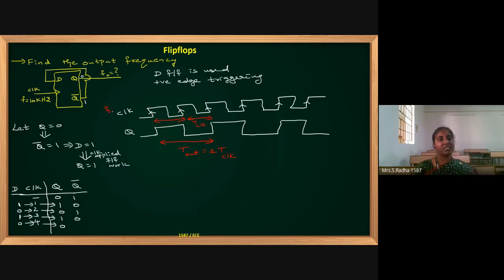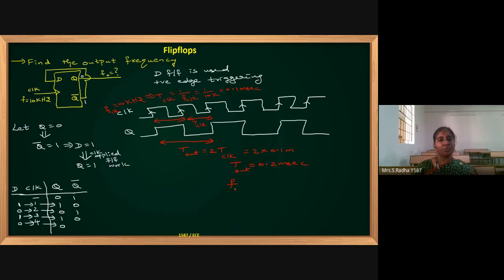Clock frequency is given as 10 kilohertz. From this, clock time can be calculated, which is 1 divided by clock frequency, 1 divided by 10k, which is 0.1 millisecond. So this is 2 times 0.1 millisecond, 0.2 millisecond, the output waveform time period.